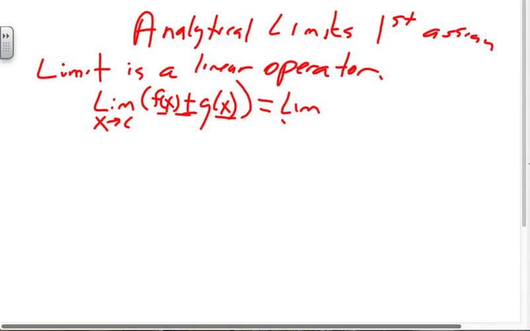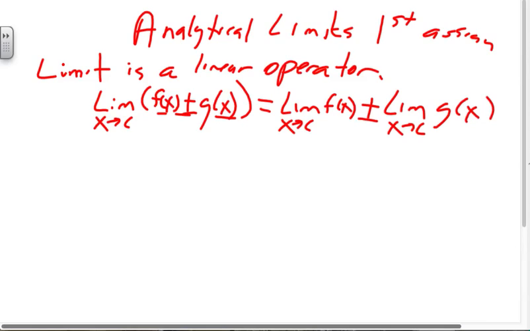So I take the limit of the first one and add it to the limit, or subtract it by the second one.